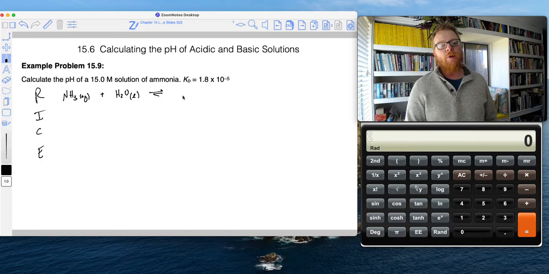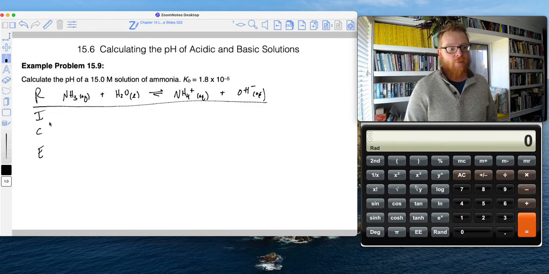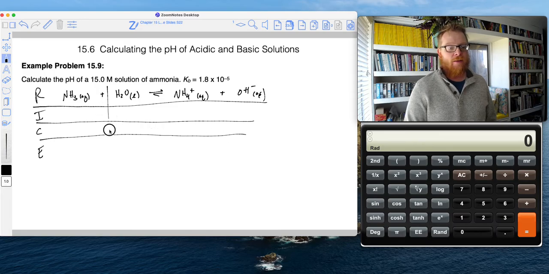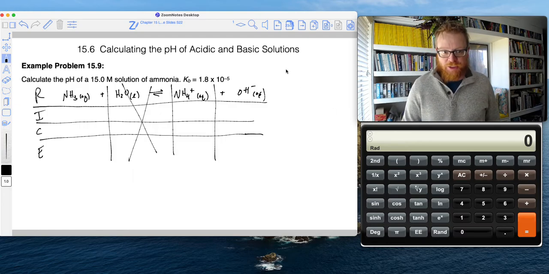And so we remember now that this is going to make NH4 plus OH minus. And it's that OH minus that we're interested in. So we'll set up our grid. We also recognize here we don't care about water. We're not going to include water in our equilibrium expression.